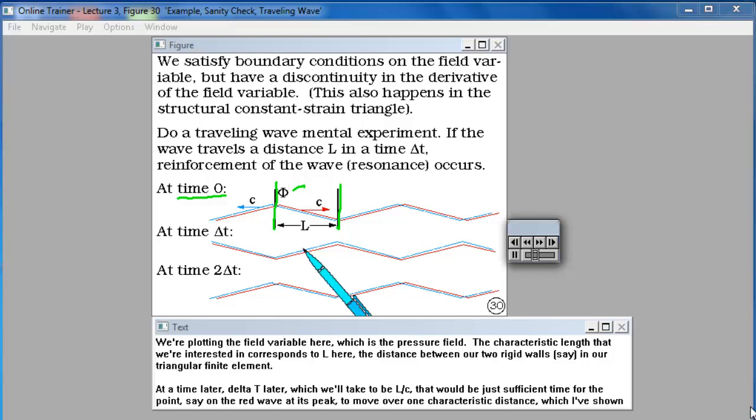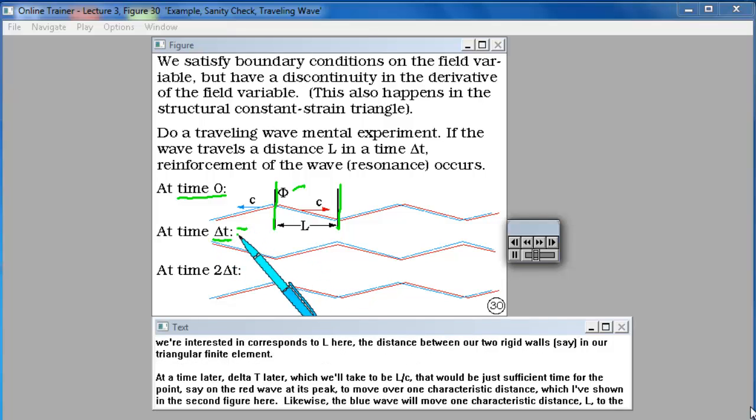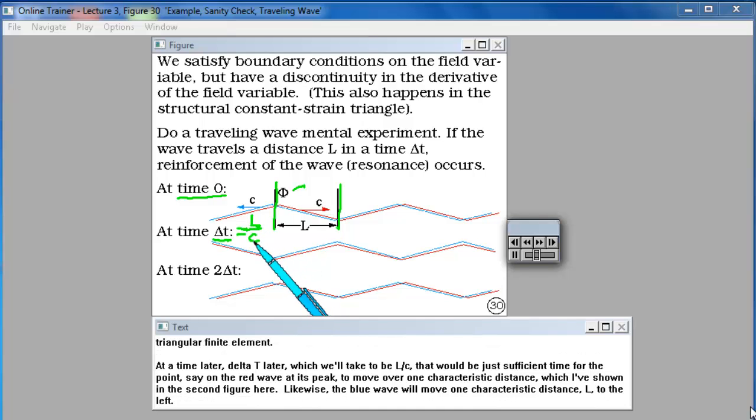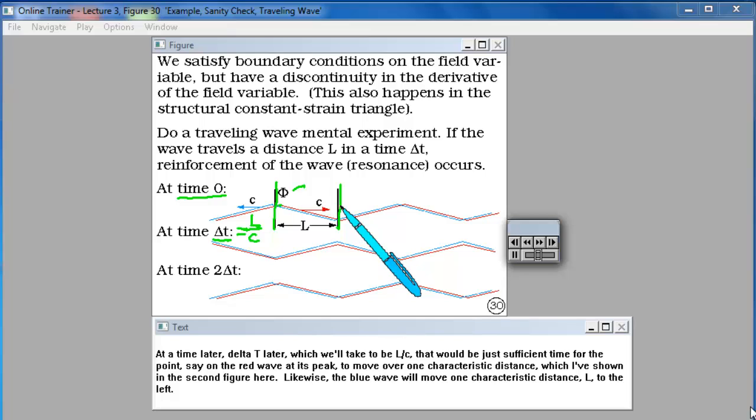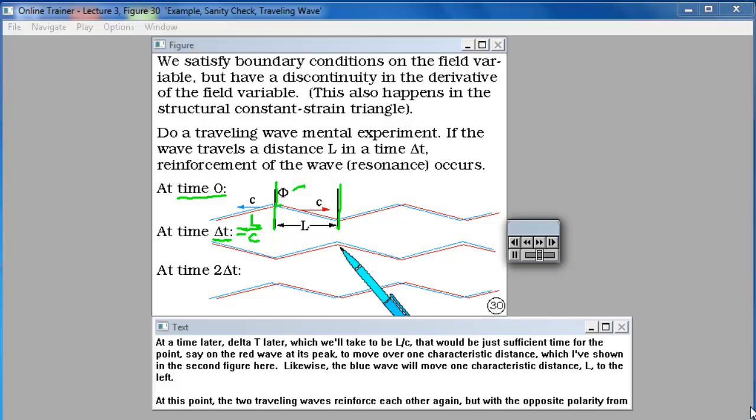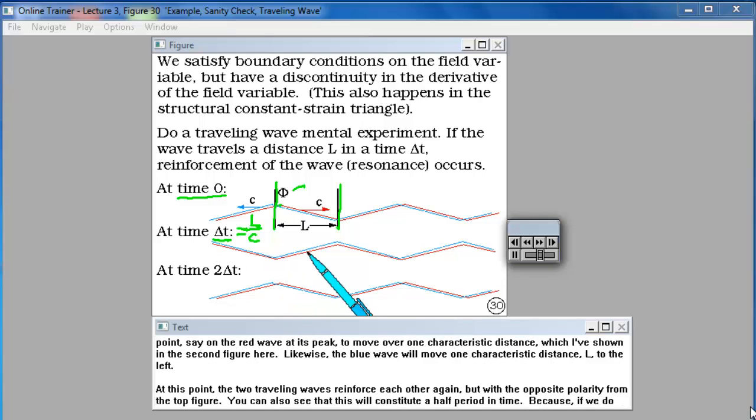At a time later, delta t later, which we'll take to be L over c, that would be just sufficient time for the point, say, on the red wave at its peak to move over one characteristic distance, which I've shown in the second figure here. Likewise, the blue wave will move one characteristic distance L to the left. At this point, the two traveling waves reinforce each other again, but with opposite polarity from the top figure.